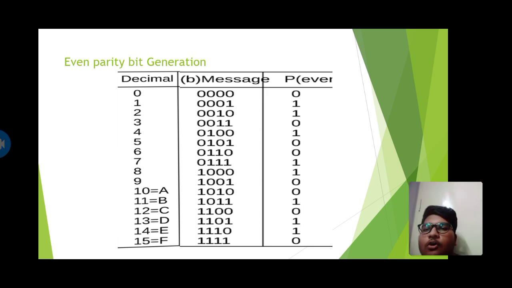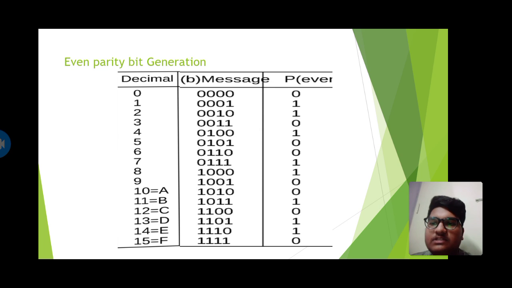For 4 it is 0100, which has an odd number of ones, so parity P becomes 1. Similarly, for 6 it is 0110, and parity P is 0. For 7 it is 0111, with 3 ones, an odd number, so its parity P is 1, and so on.